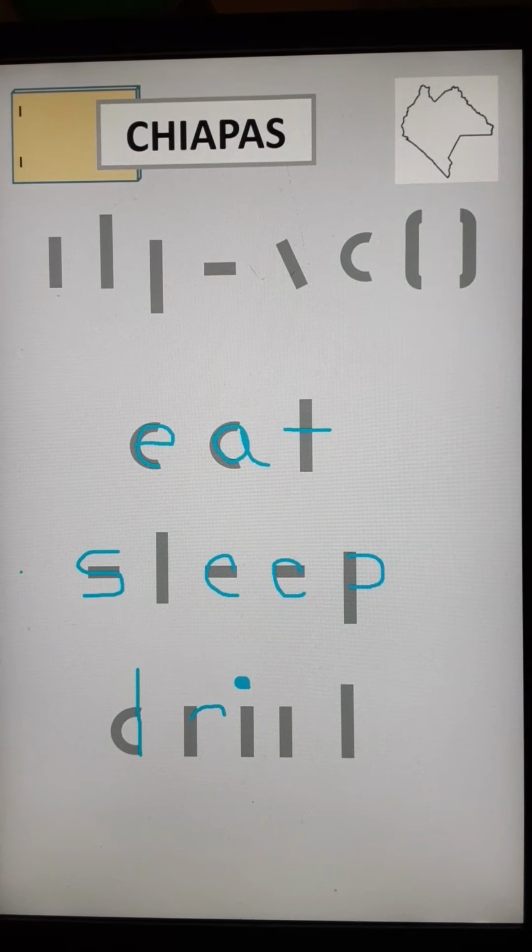Little can be an I, M, N, R, U. It's going to be an N. And then we need a big letter. Big can become B, F, H, K, L, or T.